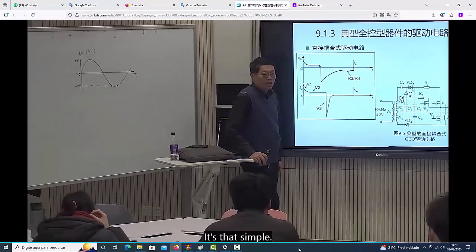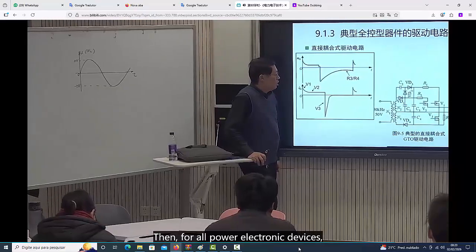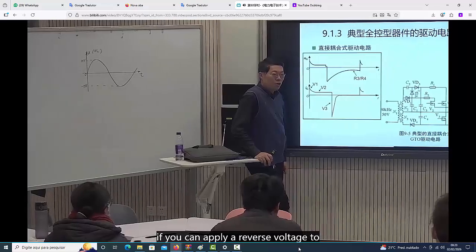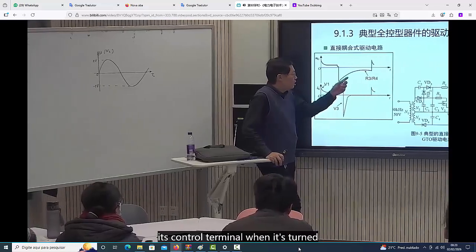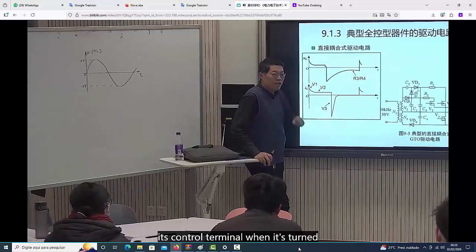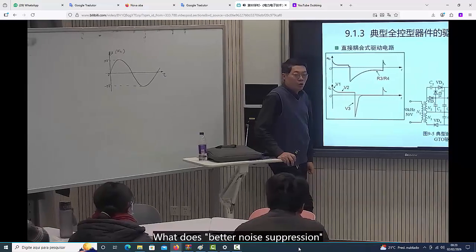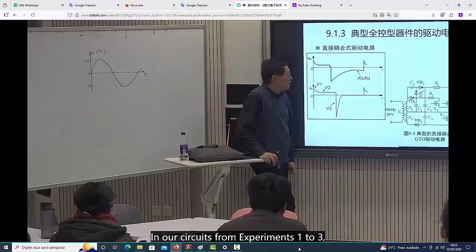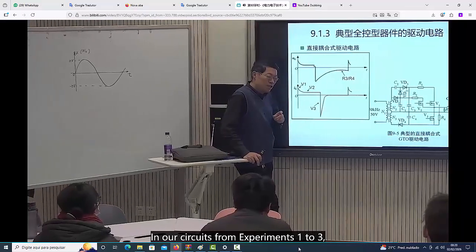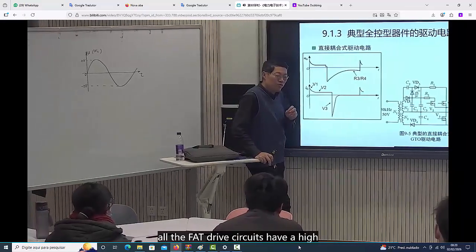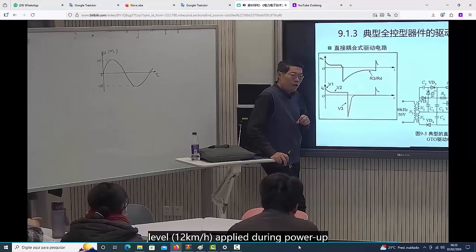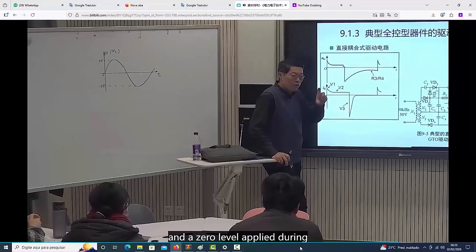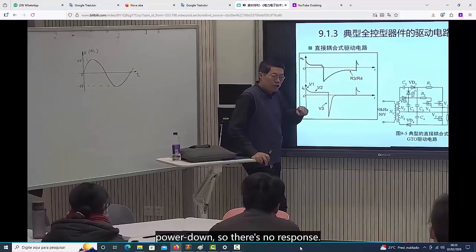Then, for all power electronic devices, if you can apply a reverse voltage to its control terminal when it's turned off, what does better noise suppression mean? In our circuits from experiments 1 to 3, all the drive circuits have a high level applied during power up and a 0 level applied during power down, so there's no response.